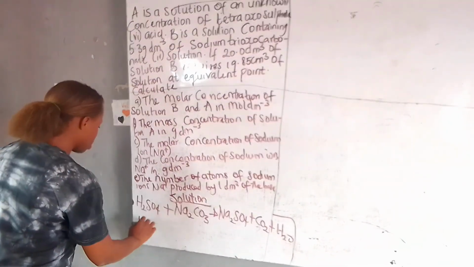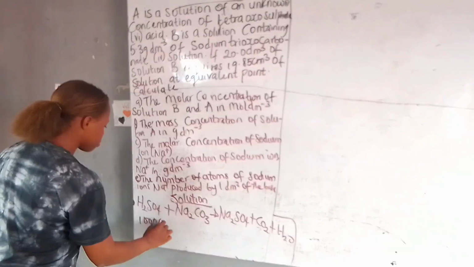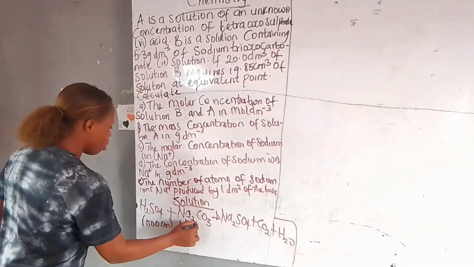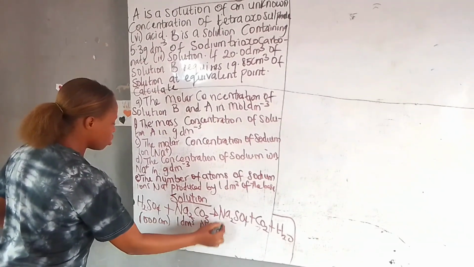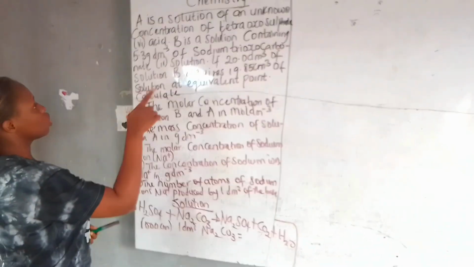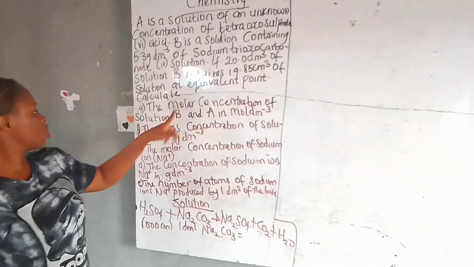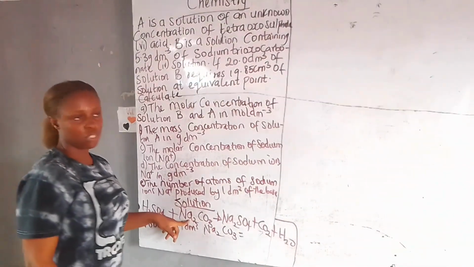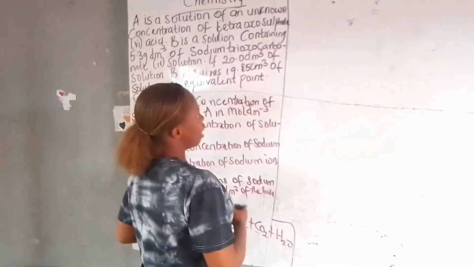So 1000 cm cube, or 1 dm cube, of sodium trioxocarbonate is equal to dash. The question says we should calculate the molar concentration of B. What is B? B happens to be sodium trioxocarbonate.